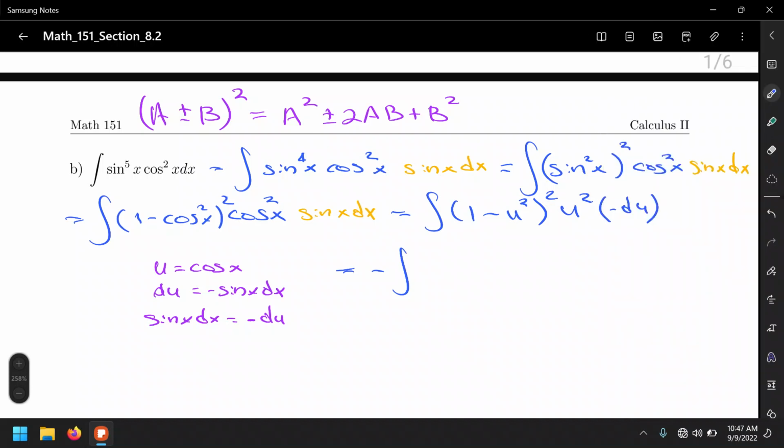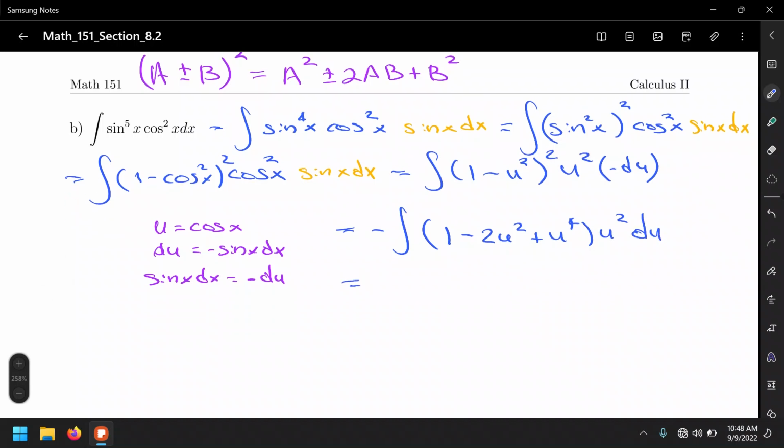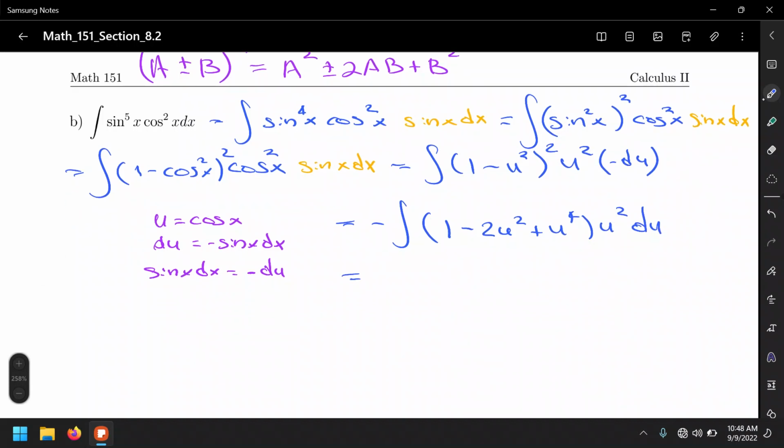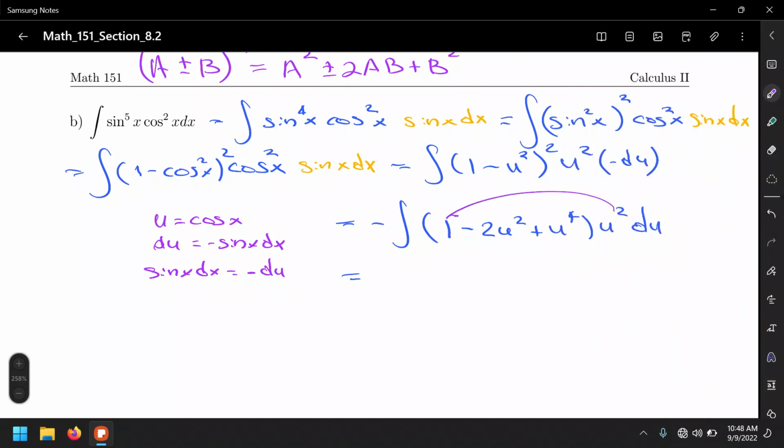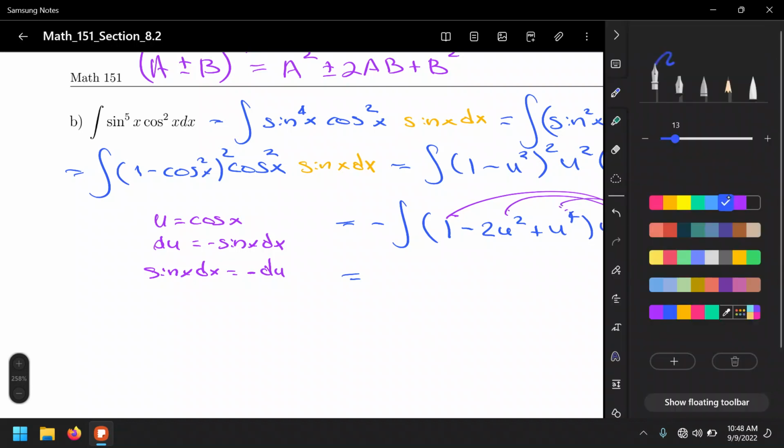So 1 squared, that's 1, minus 2 times 1 u squared, 2u squared, plus u squared squared, that's u to the fourth, times u squared du. And well, let's distribute all the u squared over all these 3 terms inside of the parentheses.